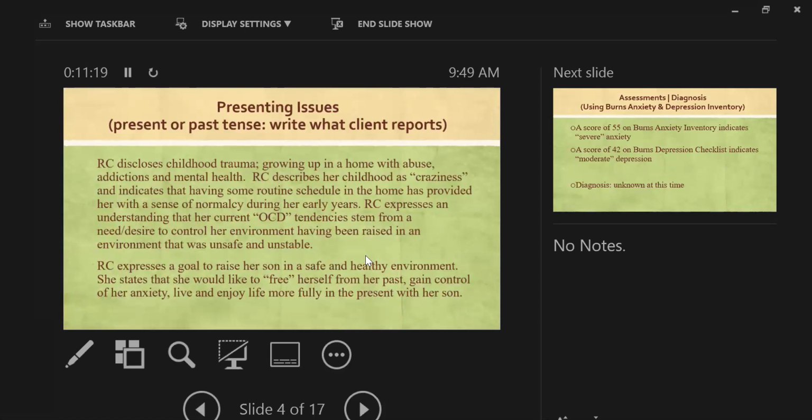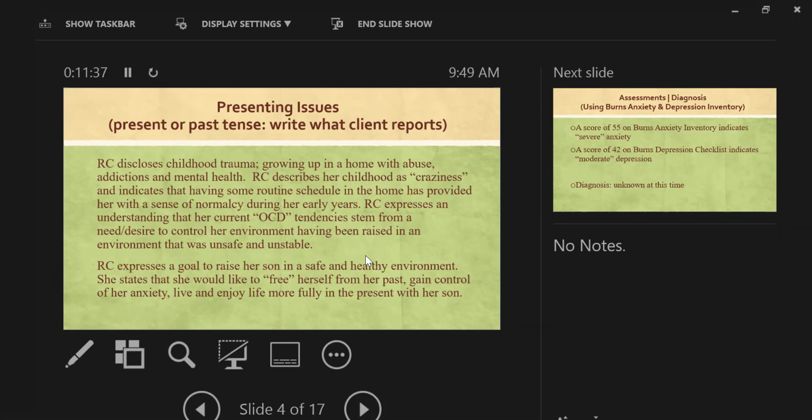Presenting issues can be written in past or present tense. So here's an example. RC discloses, but you can go RC disclosed. In the presenting issue, you want to write more of what the clients are sharing with you, what the clients are saying.